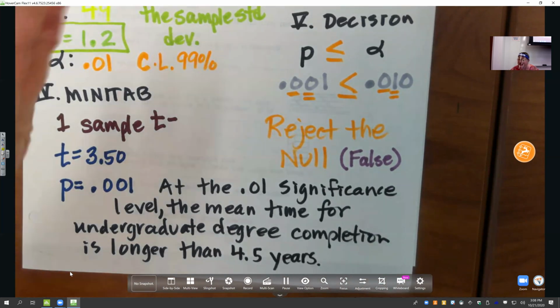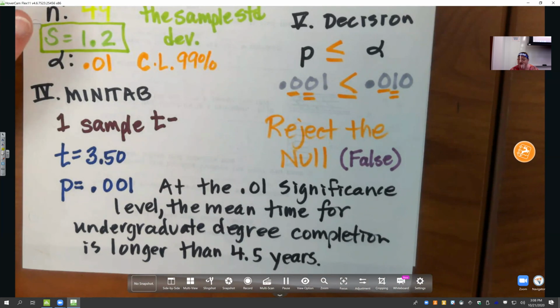Which looks like I simply wrote the statement that was in the problem that we said was the alternative.